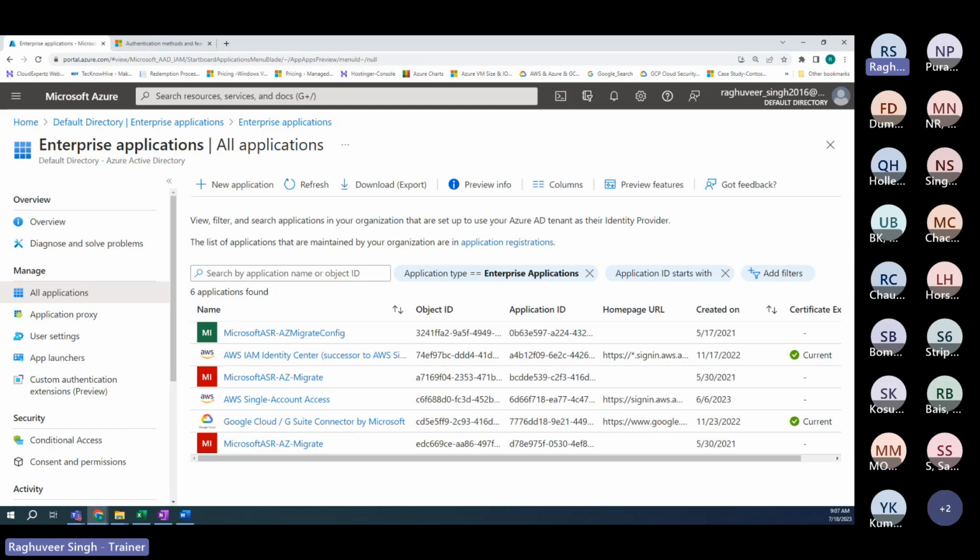Will I be managing identities in three different clouds? Will I be having three different AD admins, one for Azure, one for AWS, one for GCP, and then one for on-premises Active Directory also?